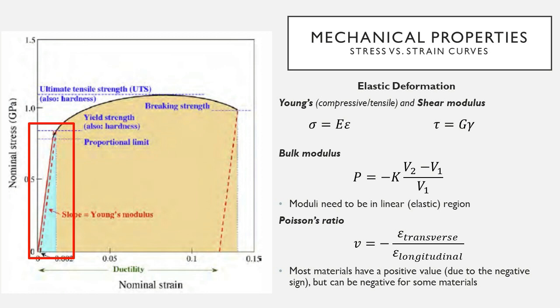In this case, volume is sort of taking the place of the elongation change in a particular dimension. In this case, it's incorporating all three dimensions. So that's why V2 minus V1 over V1 looks very much like the strain equation in just one dimension. So think of pressure as taking the place of stress, volume as taking the place of elongation, in which case you can calculate this sort of pseudo strain curve, and then K as the bulk modulus.